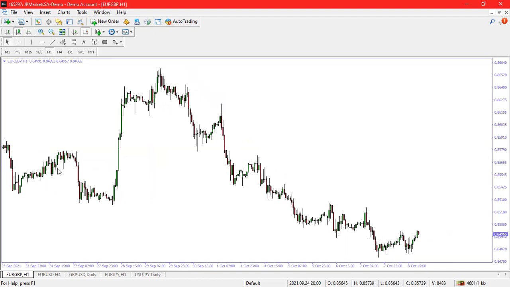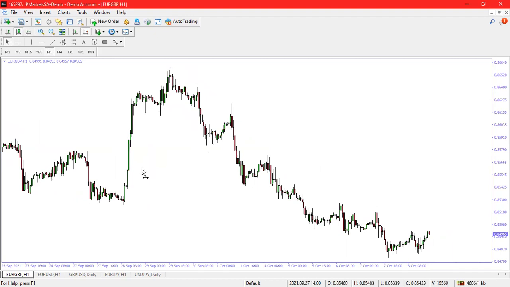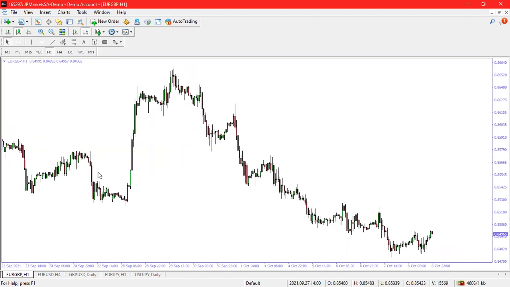Let me show you what I'm talking about. The imbalance. Here we're talking about a situation where we had one side of the market participants, where we had only buyers. In this situation, we had only buyers here.